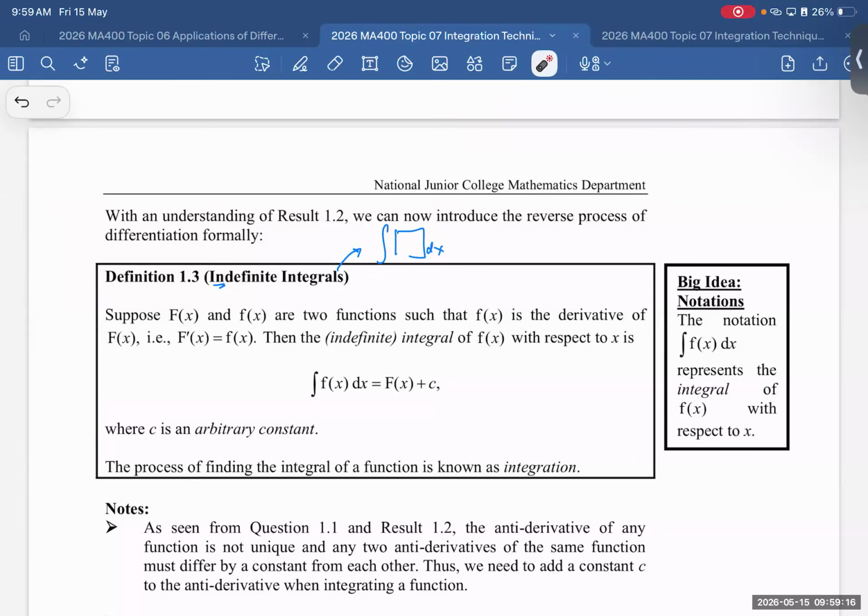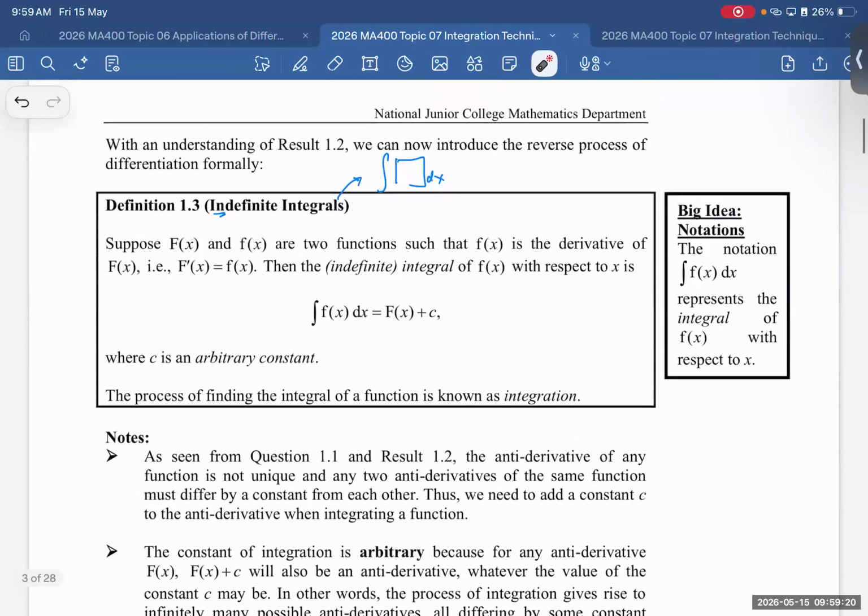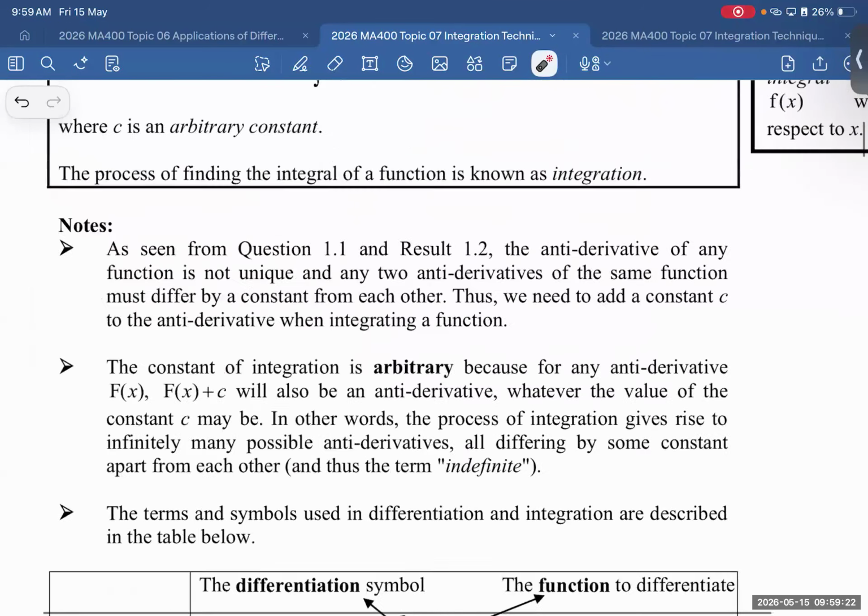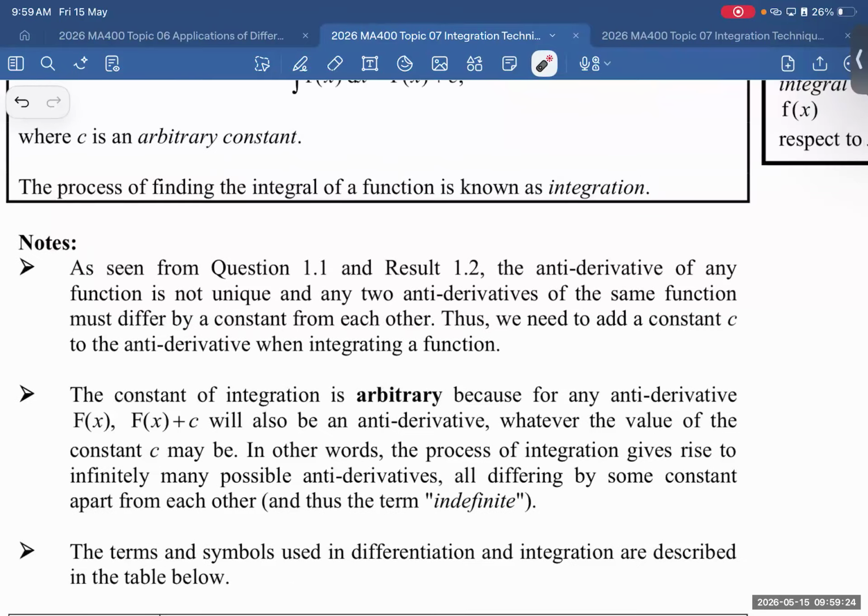For now. Those who know of definite integral, you will know why. As seen from the derivative, the constant of integration is arbitrary. Because for any antiderivative f(x) plus c, there will be a plus c there. It could be 0, I do not know, but my duty is to tell you that it is possibly there.